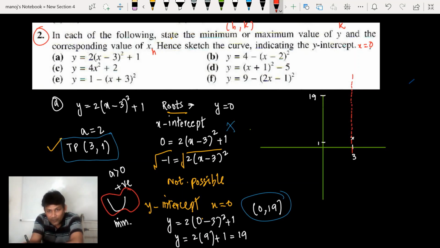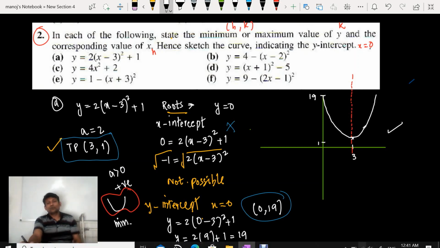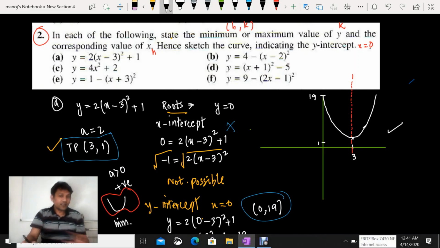So what you have to do: when you move like this, same thing, whatever you have here, you have to move like this, and that's your quadratic curve. You don't need to show any other steps here. That's enough. This was the first part I have done.